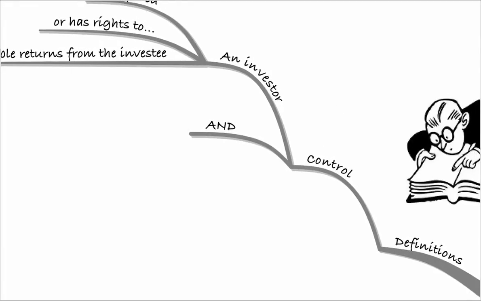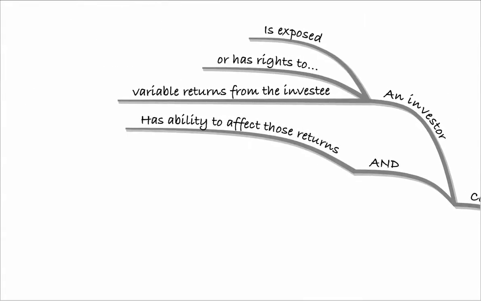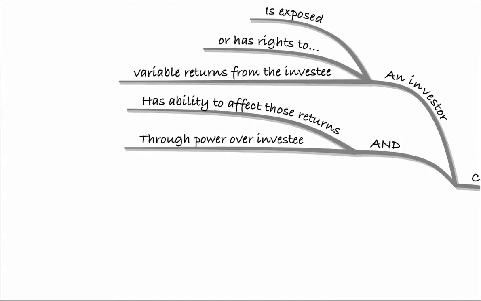And, however, has the ability to affect those returns through power over the investee. So that means that you need to have the ability to change those returns through the decisions that you make. Therefore, you control that subsidiary. Now, that's the actual definition per IFRS 10. We'll talk about exactly what that means for the exam shortly.